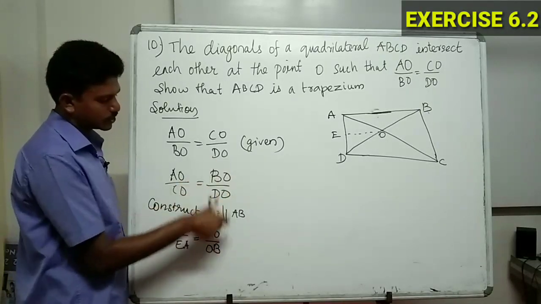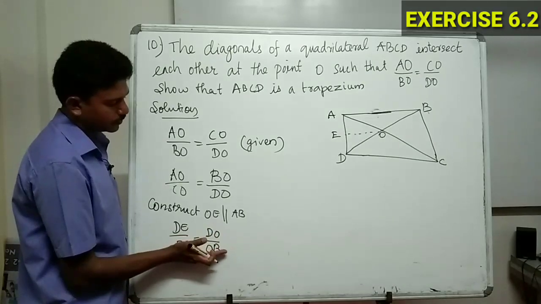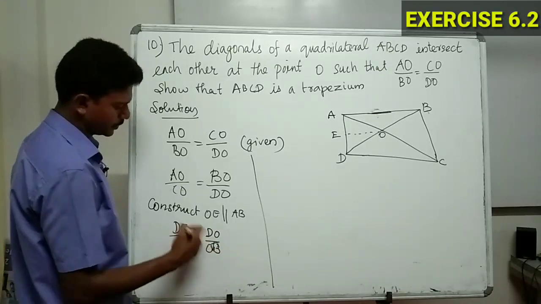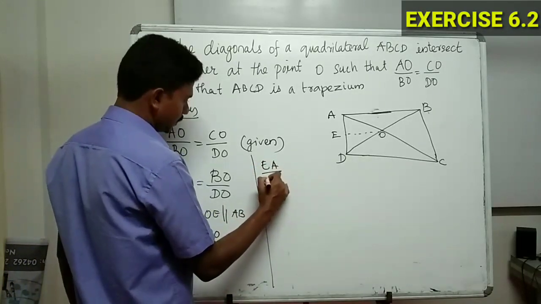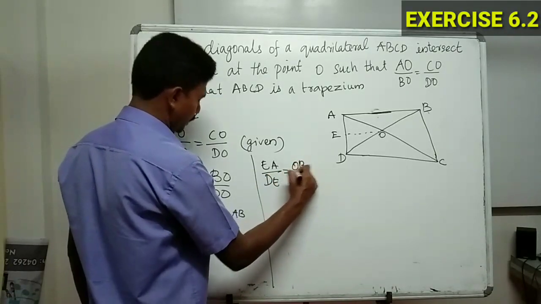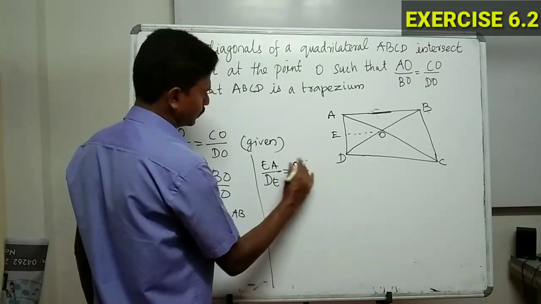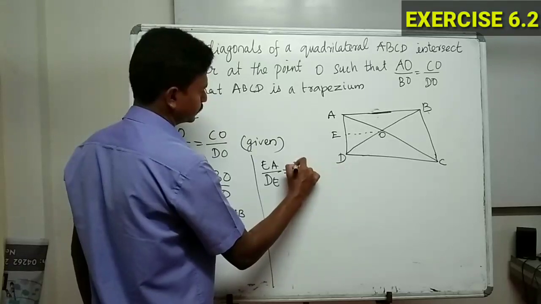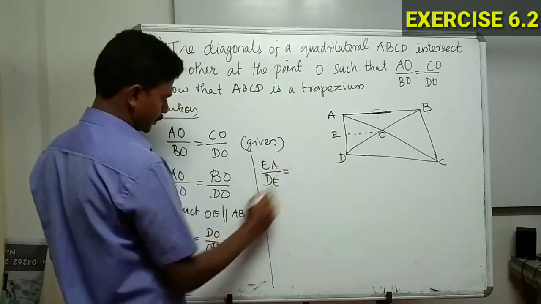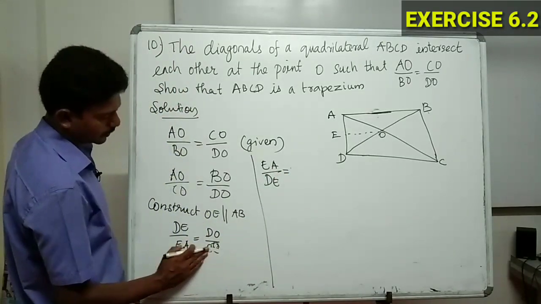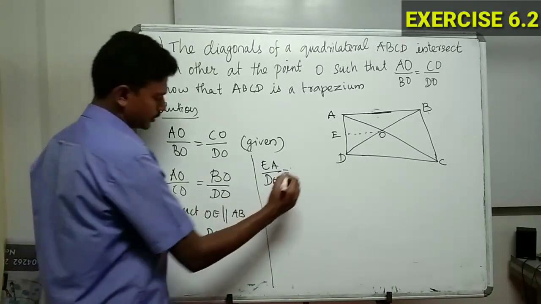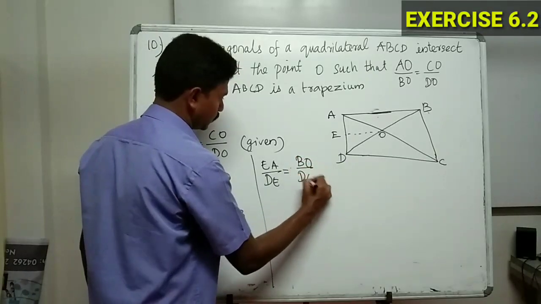If you want to substitute the result here, it is actually the reciprocal of this one, so we have to change it in this manner. We can write the reciprocal: EA by DE is equal to OB, or we can write BO, by DO.